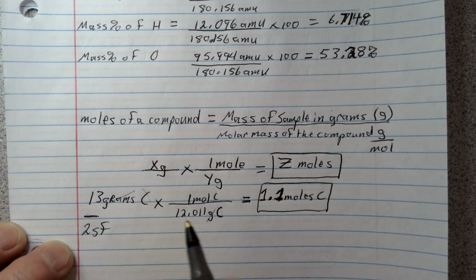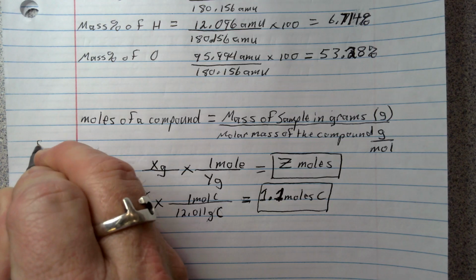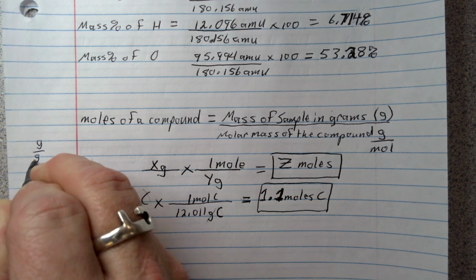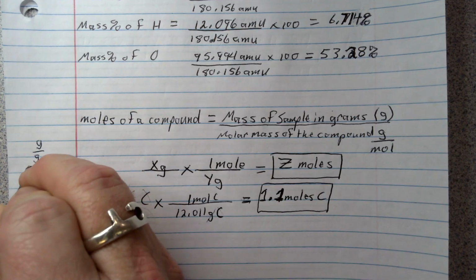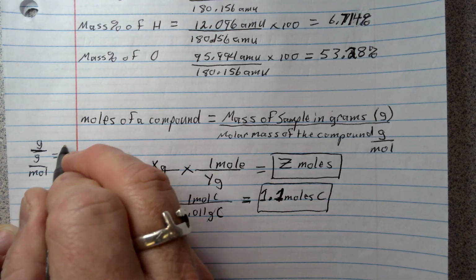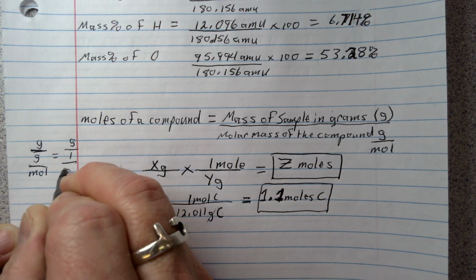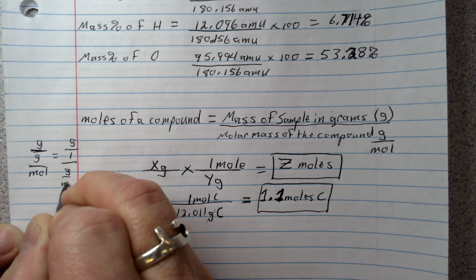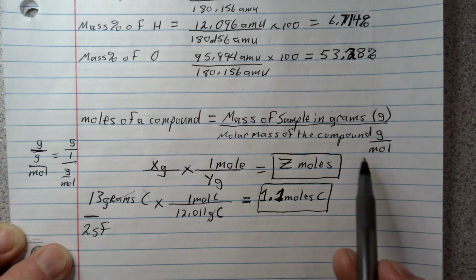Now, we didn't get to do a lot of conversions, but I always tell people, anytime you have a gram divided by a gram per mole, like this, we got this type of a fraction divided by a fraction. What it actually is, is a gram over 1 divided by a gram over a mole, like this. That's actually what this represents.